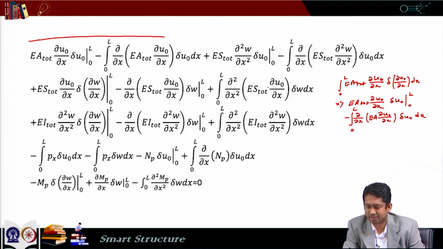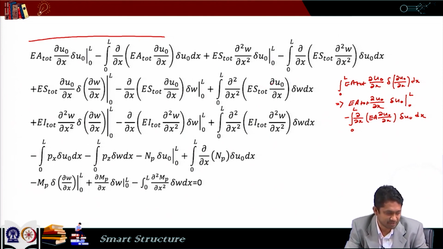Similarly, we can do the same thing for the next term, where we have delta of del u 0 by del x multiplied by E s total into del 2 w by del x 2. After we do the integration by parts, we get this term.